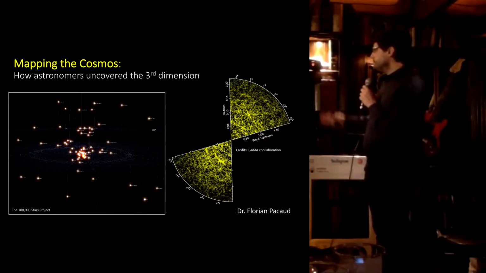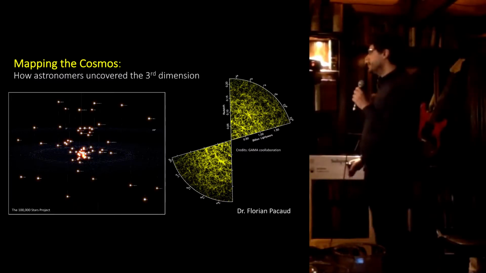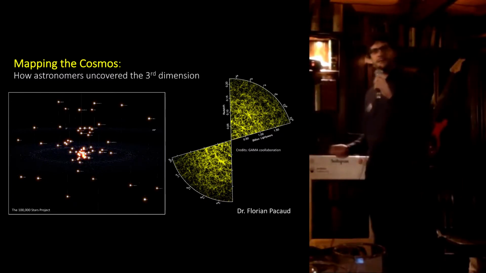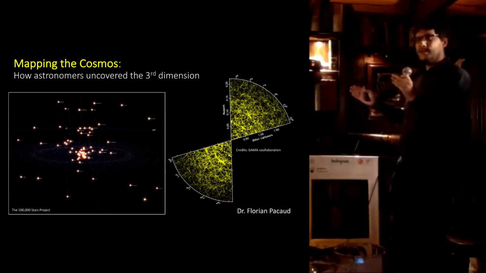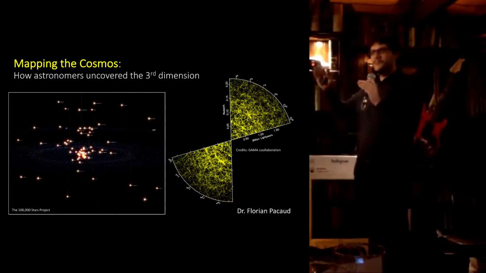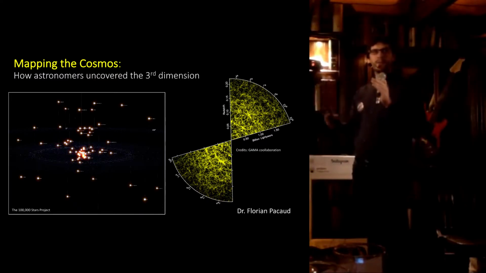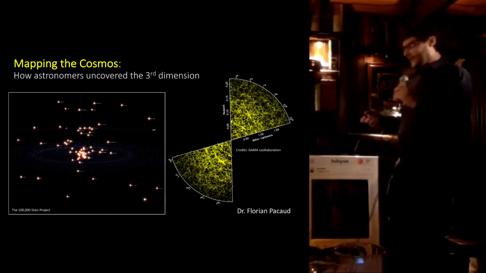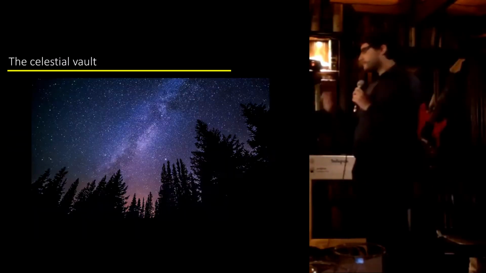You might have seen many of those already, maybe in newspapers or online science articles. And you may wonder, so what's the big deal? You have a list of sources with their coordinates, you put them on the chart, and you have these maps. So let me introduce a bit more what I'm going to talk about today.